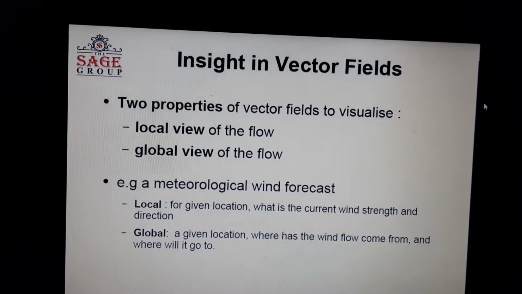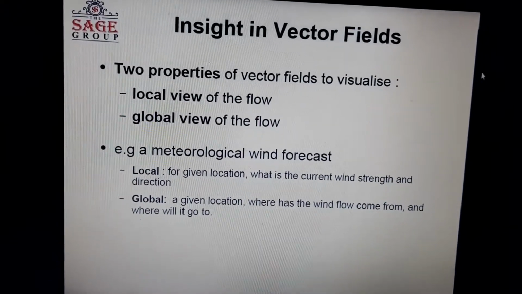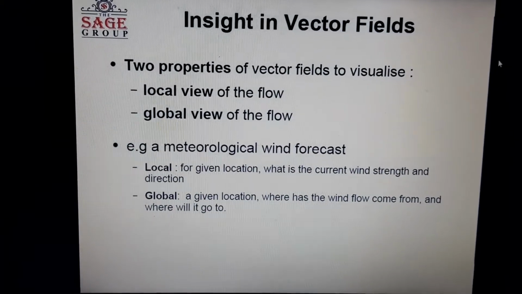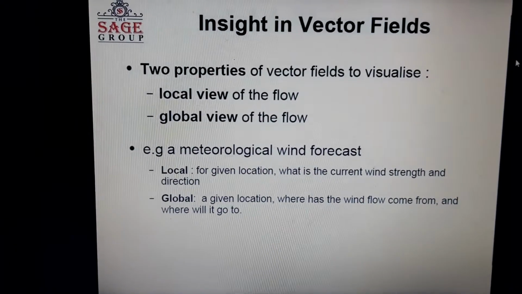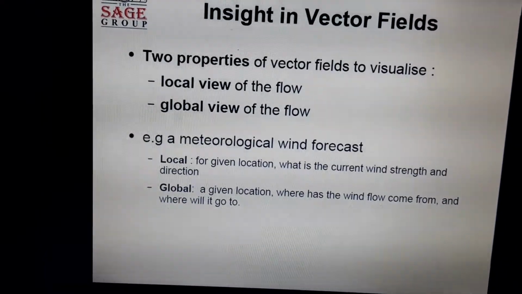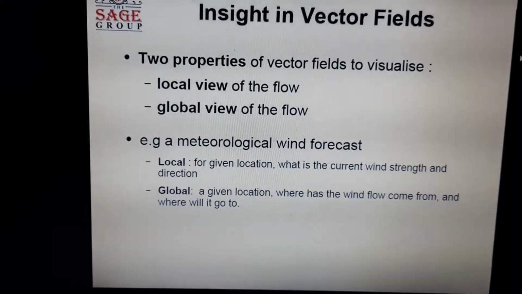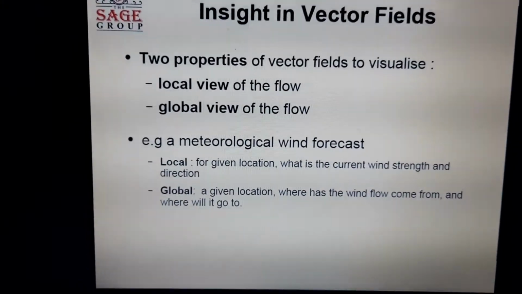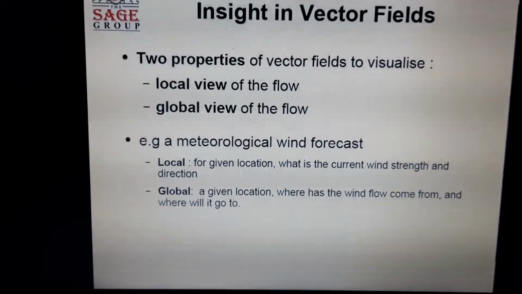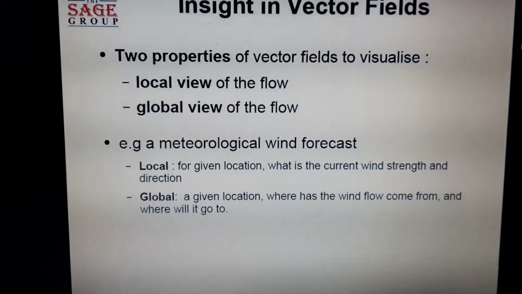What does it mean? Local view means, for a given location, what is the current wind strength and direction? For example, we are taking an example of wind forecast. If we want to forecast the flow of wind, then if we are taking a particular location, then for that location only we will show the current wind strength.